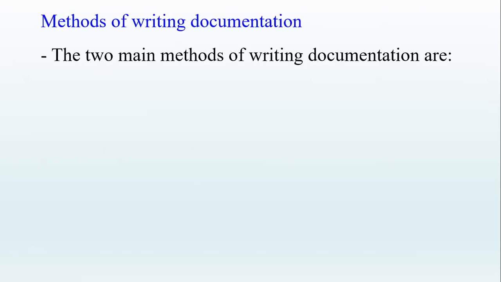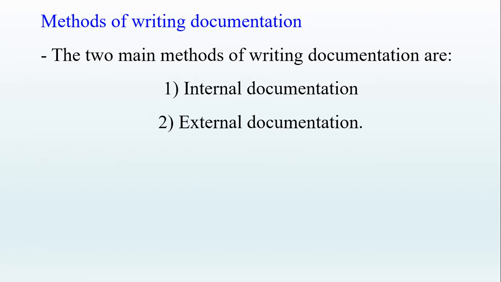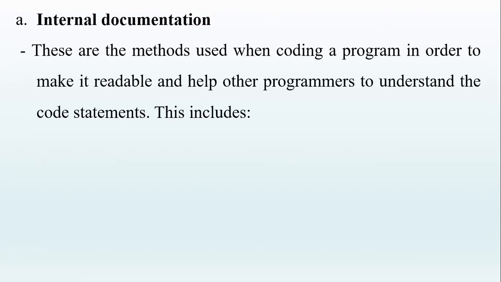So what are the main methods of writing documentation? The two main methods of writing documentation are, number one, internal documentation, and number two, external documentation. Internal documentation entails the methods used when coding a program in order to make it readable and help other programmers to understand the code statements.